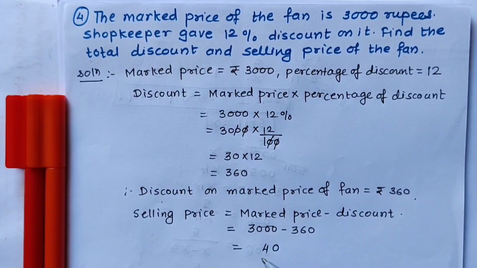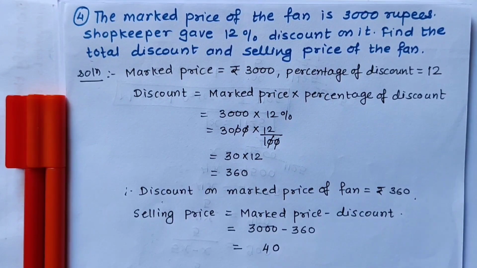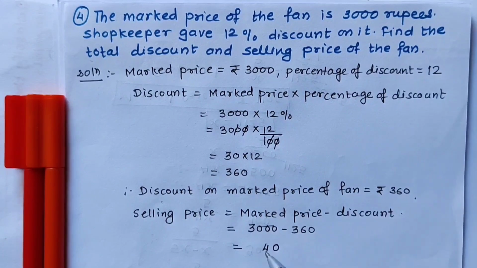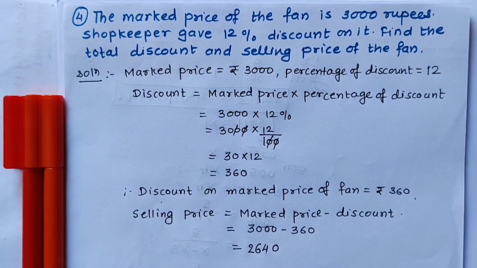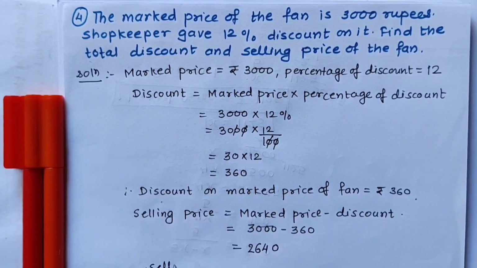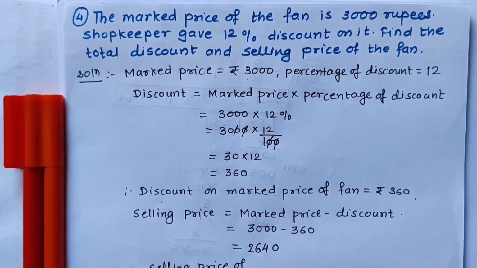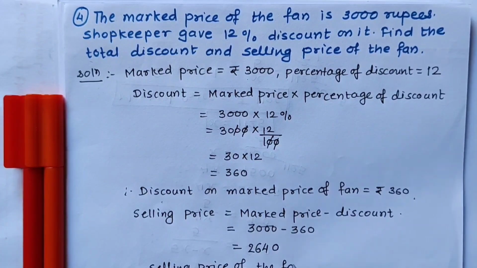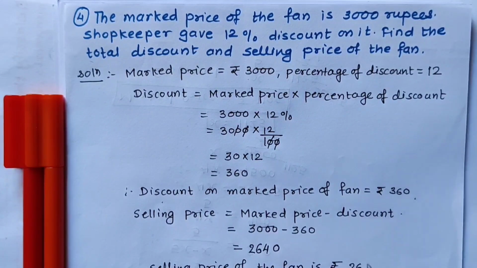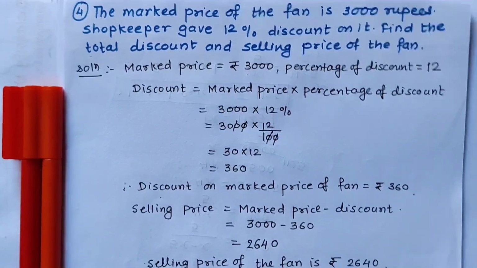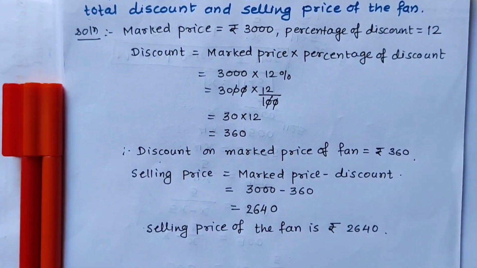Again we have borrowed here, so here it is 9, 10, then this is 6, and 3 minus 1 is 2. So selling price of the fan is rupees 2640. Selling price of the fan is rupees 2640. So in this way we can write the answer in statement form.